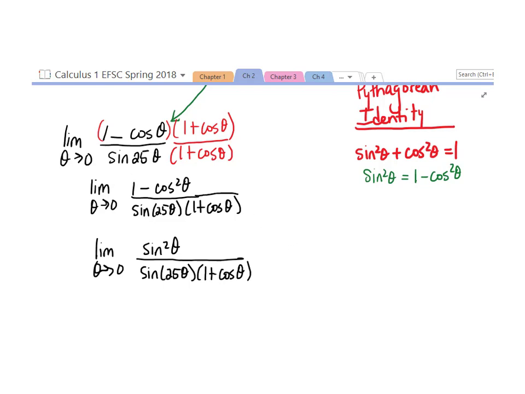First of all, and I really should have mentioned this at the beginning, we would like to just plug in 0 to evaluate this limit. The reason we couldn't do that in the beginning is because we would have gotten 0 in the denominator. Sine of 0 is 0. And in the numerator, cosine of 0 is 1, so we would have had 1 minus 1, which is also 0.